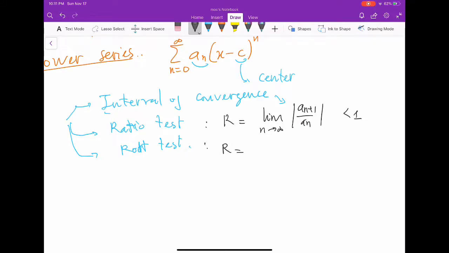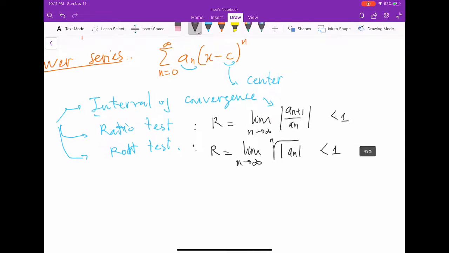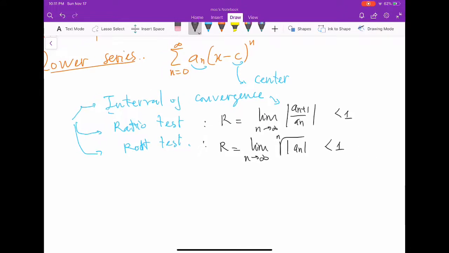You find R equal to the limit of the nth root of the absolute value of a_n as n approaches infinity, and you set this less than 1. And then after this, we still need to consider two endpoints.